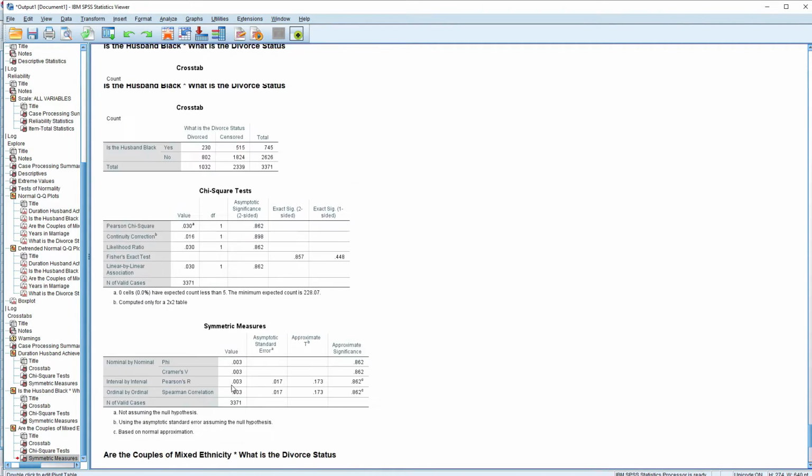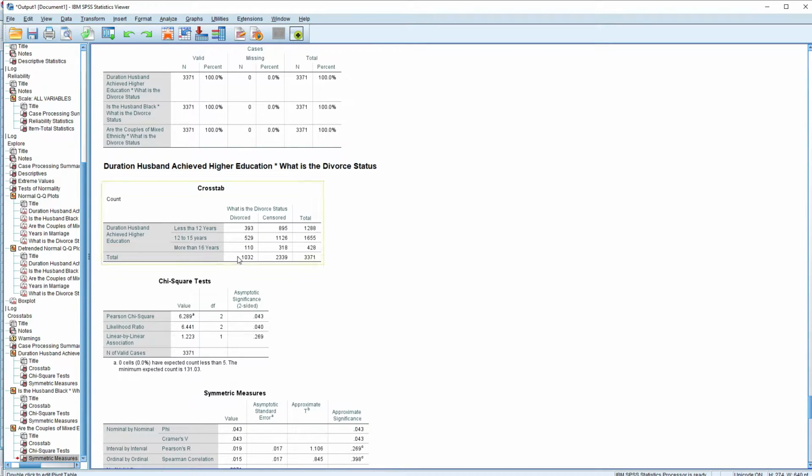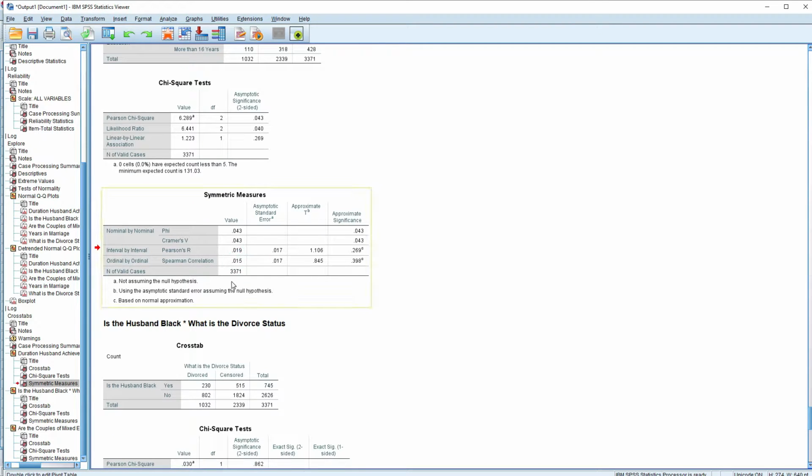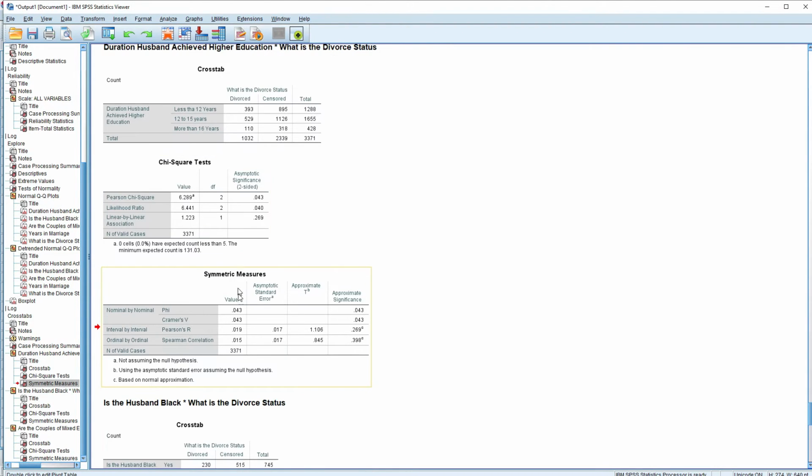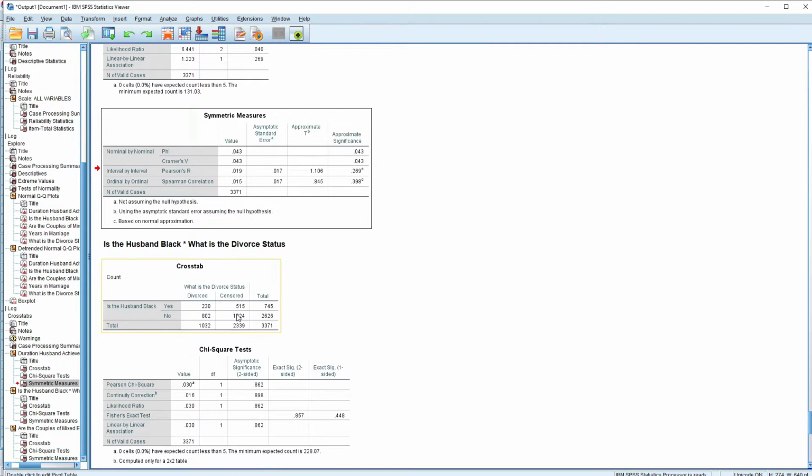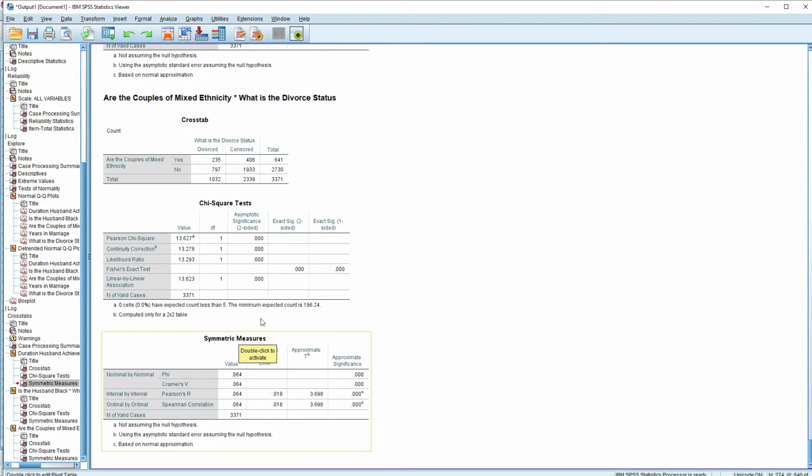These correlation values, all of them are just too low or insignificant because they are values that are lower than 70%. Therefore, okay, there is an association as indicated by the hypothesis tests. However, the correlations are very low, indicated by the phi value, the Cramer's value, the Pearson R value, and the Spearman rank correlation.